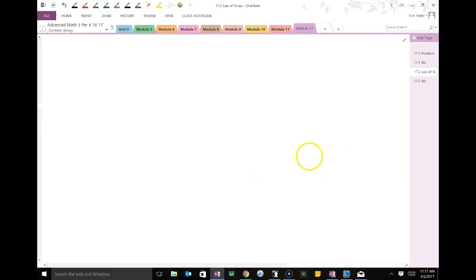Okay. So let's say, I'm going to make this one up. Let's say we're given angle A to be 25 degrees. Side A is going to be 18, and side B is 21. They might just throw this information at you without even showing you a picture of a triangle.